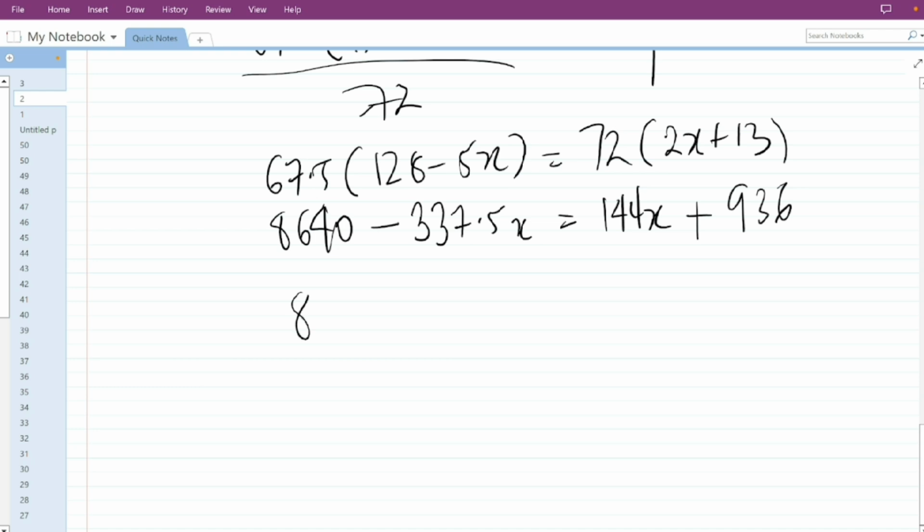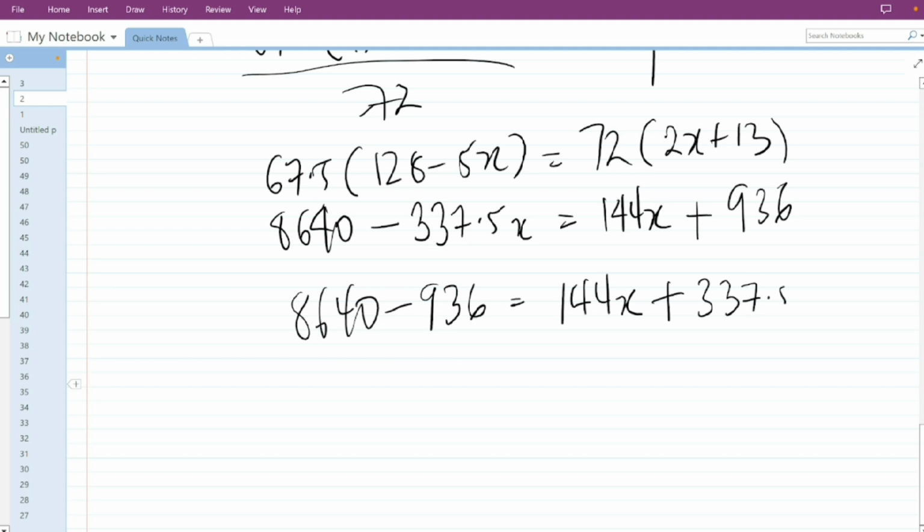So we have 8,640 minus 936 equals. We take this plus 936, which turns to minus 936 when it crosses the equals sign. So we have 144x, then this minus 337.5x crosses the equals sign and turns to plus, so we have plus 337.5x. 8,640 minus 936 equals 7,704.